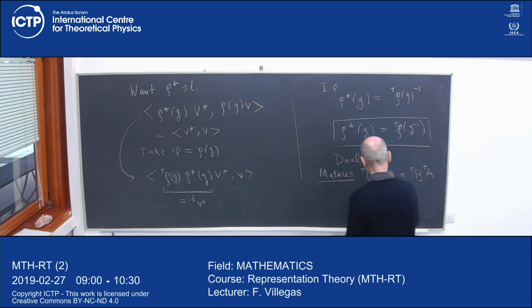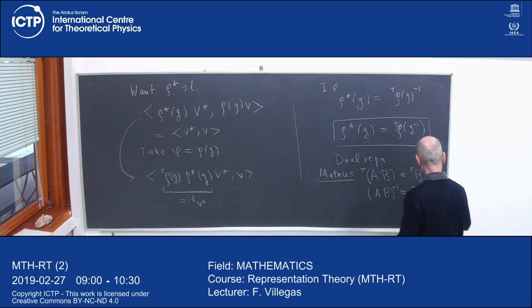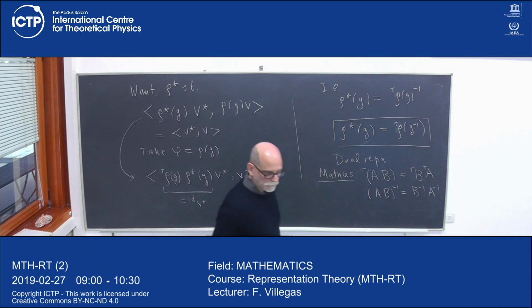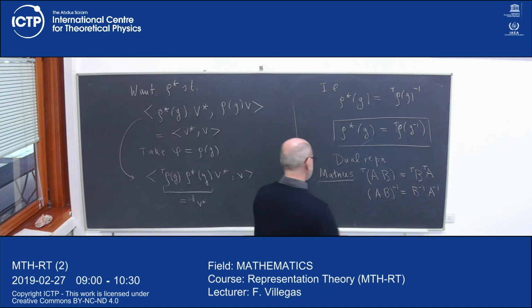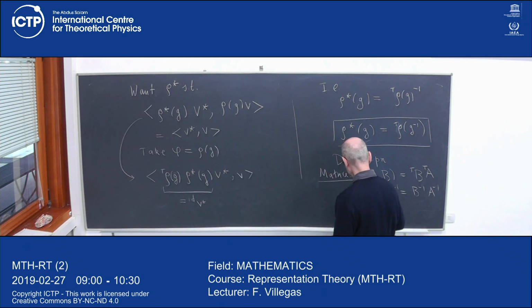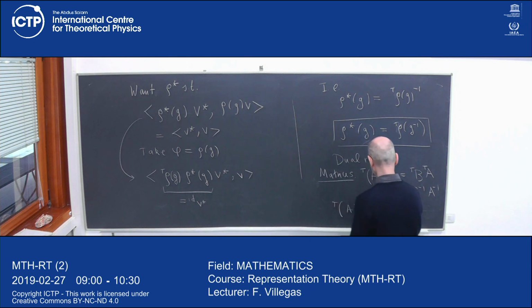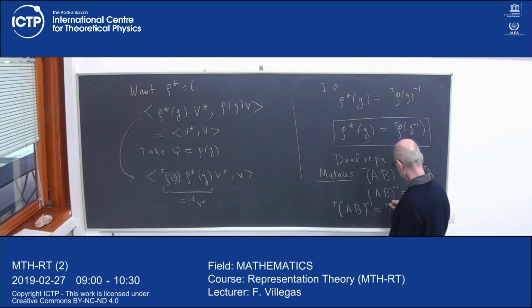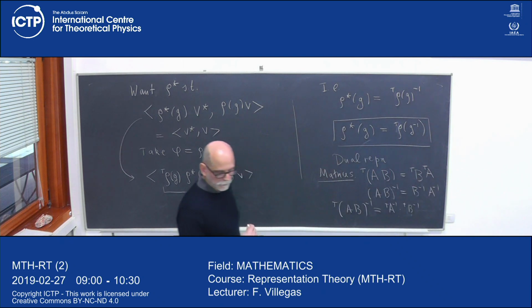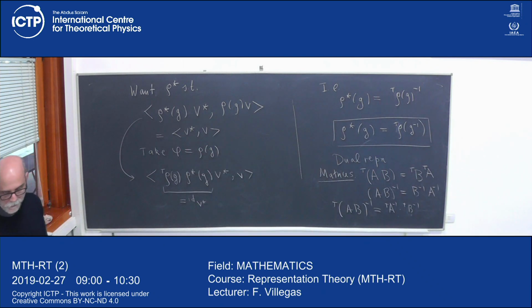And also if you take the inverse of a product, it is the product of the inverses, but in the backwards order. So now what happens if you consider both operations at the same time? Yeah, they commute, and this is the inverse transpose in the correct order. That's why I put the transpose on the left, so it doesn't get mixed up with the inverse.